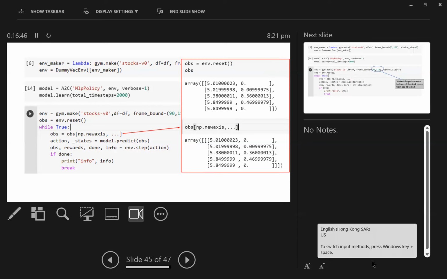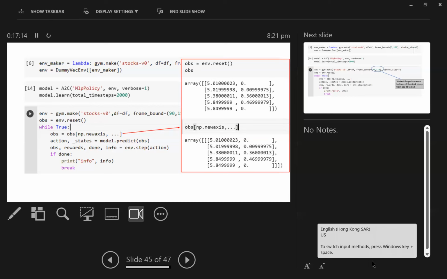Why you need to do that is because of the input required by A2C. Sometimes as a user you need to massage your data in order to fit the requirement of the machine learning program that you want to use.